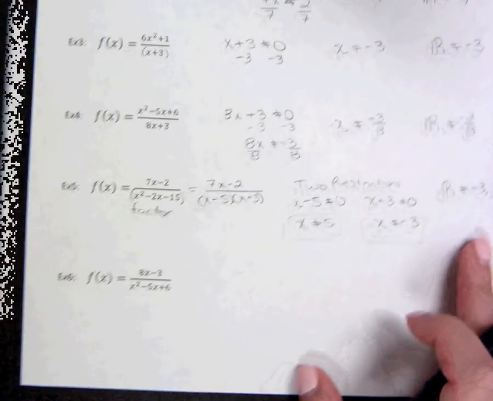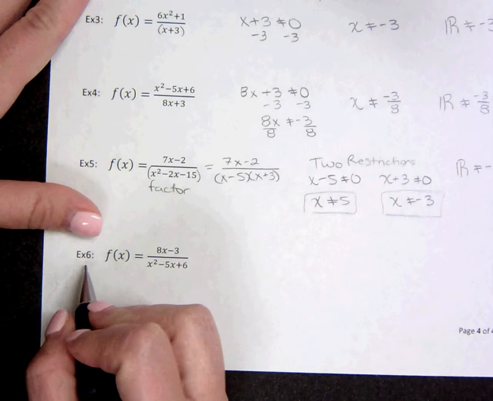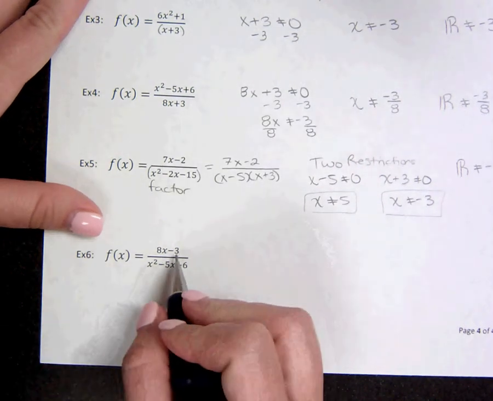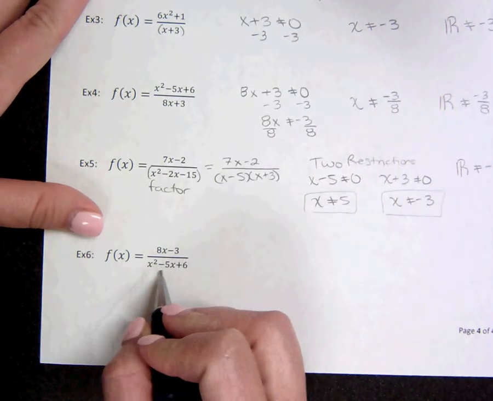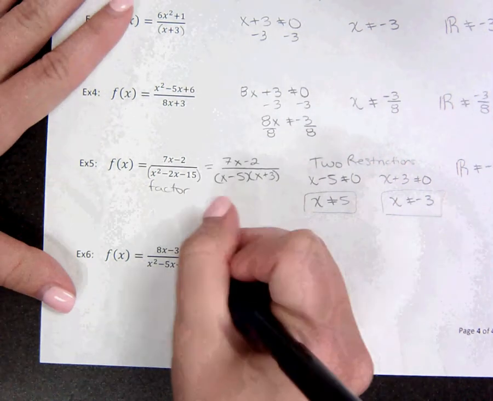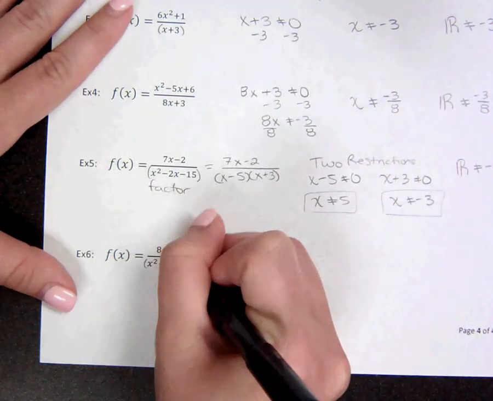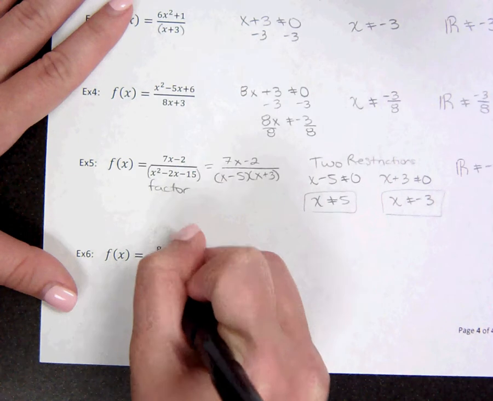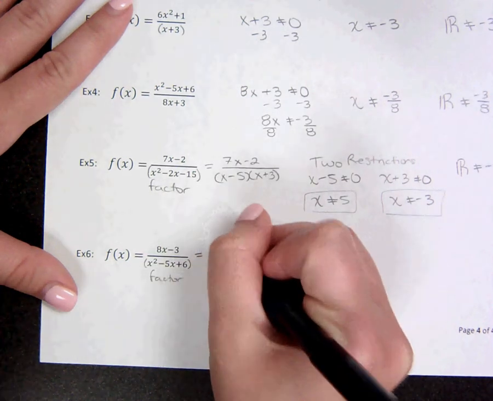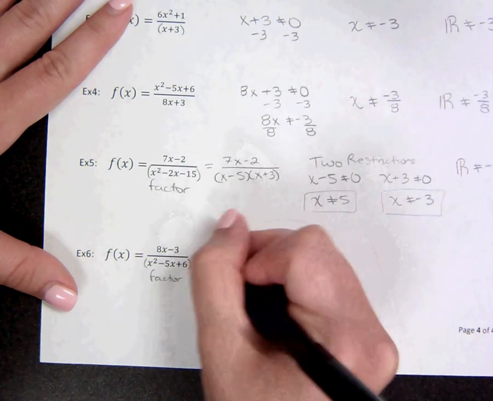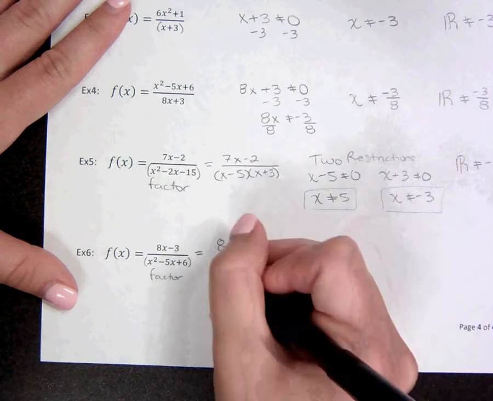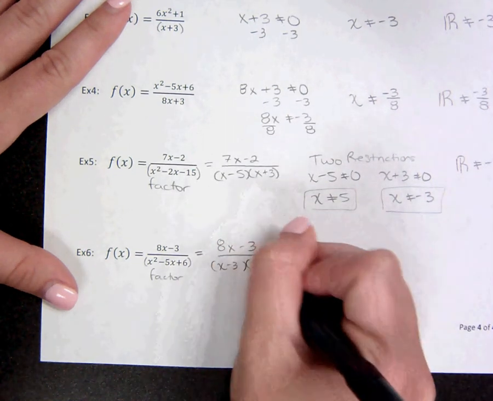And last but not least, example 6, f of x equals 8x minus 3 over x squared minus 5x plus 6. Again, we have a trinomial on the denominator, so we're going to need to factor. That is going to factor into x minus 3 and x minus 2.